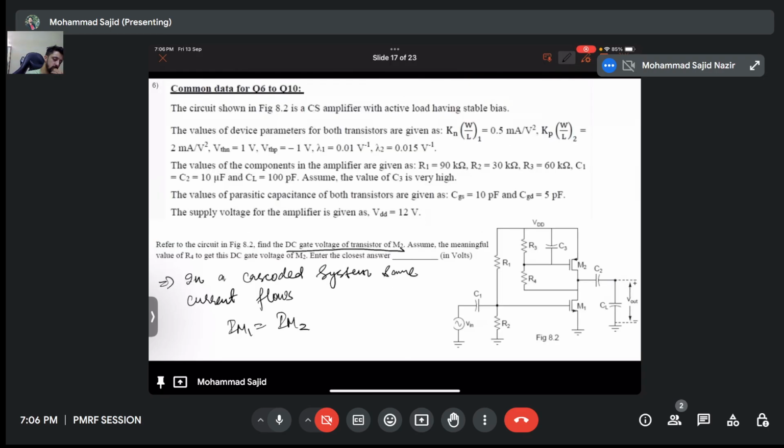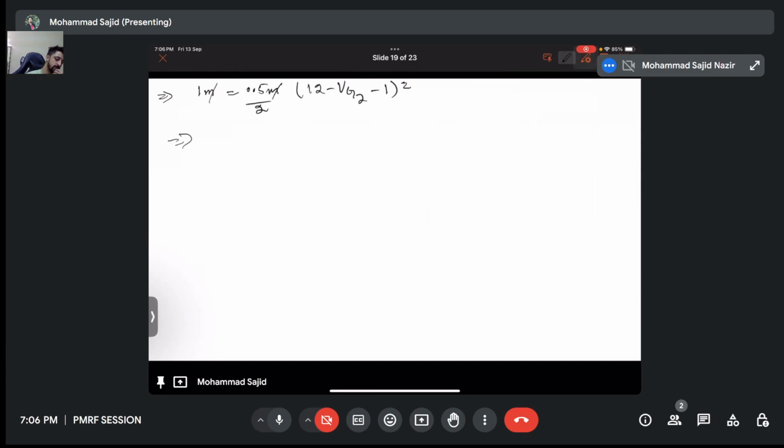Oh, this is 2 milli. So we have basically 12 minus VG2 minus 1 equivalent to plus minus 1. So minus 11 plus minus 1 will give you VG2 as either 12 volt or VG2 as 10.